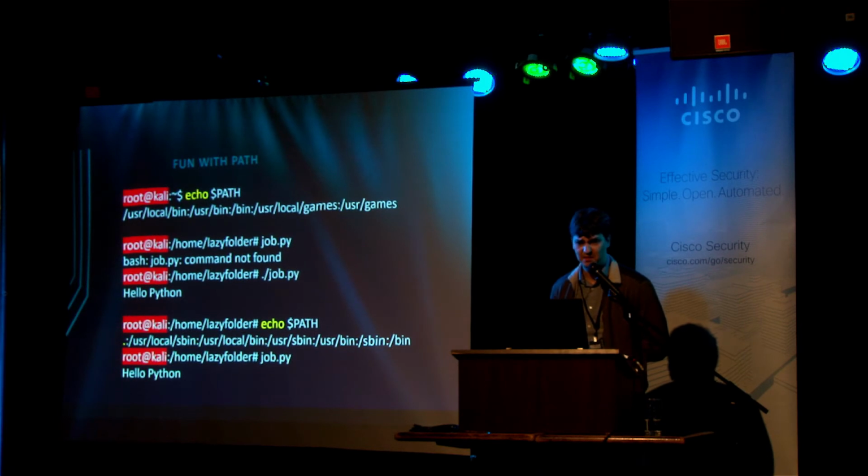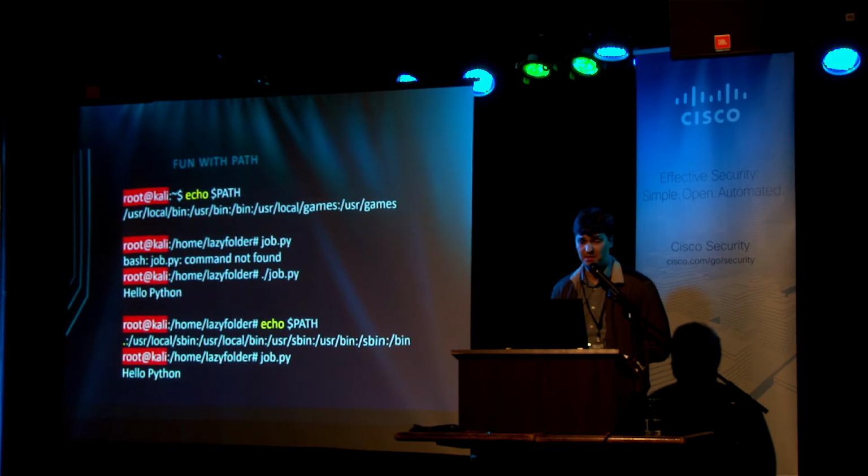The last item is fun with PATH. So normally PATH doesn't contain a dot, which indicates the current directory, but let's imagine we have a sysadmin who doesn't like to see the exception command not found when he executes the job.py command. So normally every time you need to specify that this script belongs to the current directory using ./job.py, and only after that it will work.